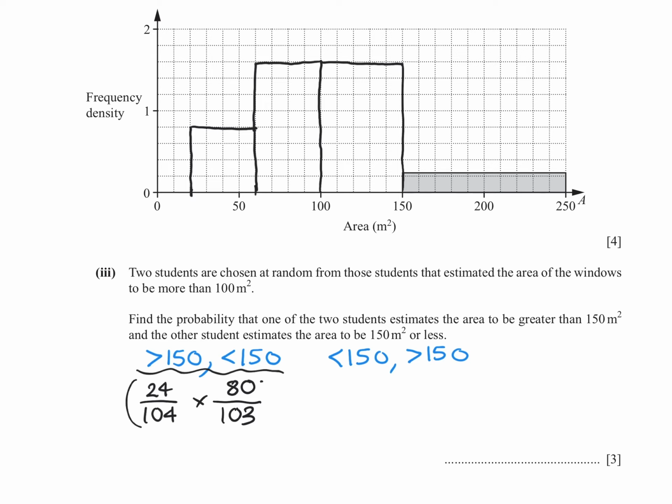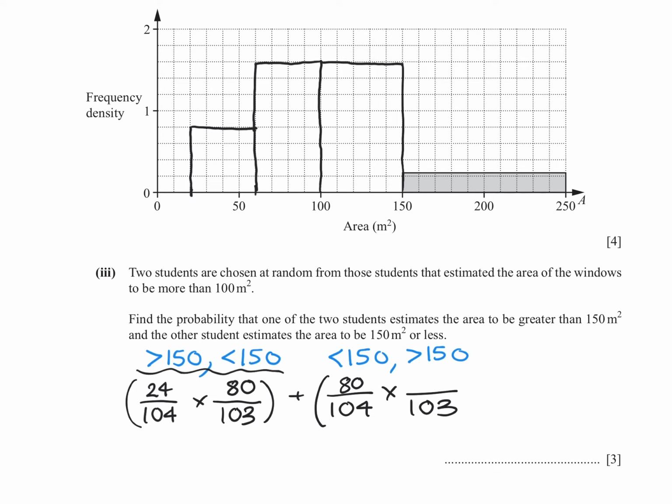And out of the 103, there are 80 students that estimated the windows to be 150 and less. That's the first situation. Plus the second situation, where we choose a student that estimates the window to be less than 150 first. So that's 80 students out of 104 students multiplied by, now we have 103 left since we already chose one.